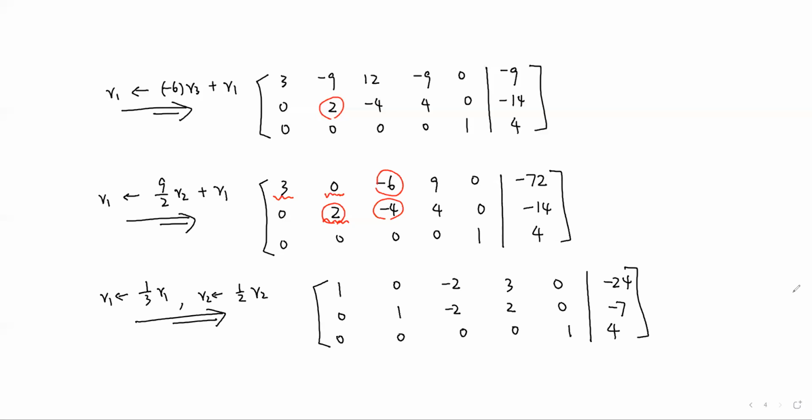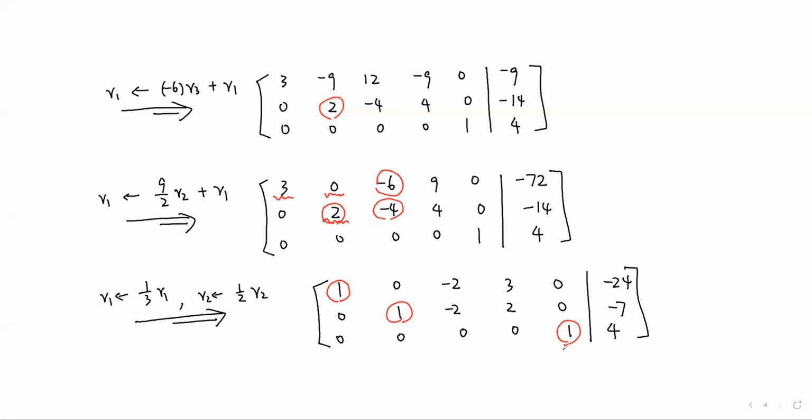Pivot positions are this position, pivot position. First column is a pivot column because the first column contains a pivot position. This position, a pivot position. Second column, pivot column. And this position, pivot position.